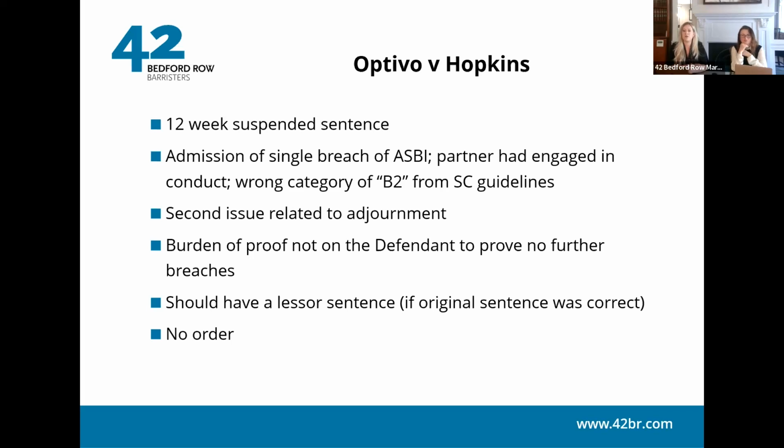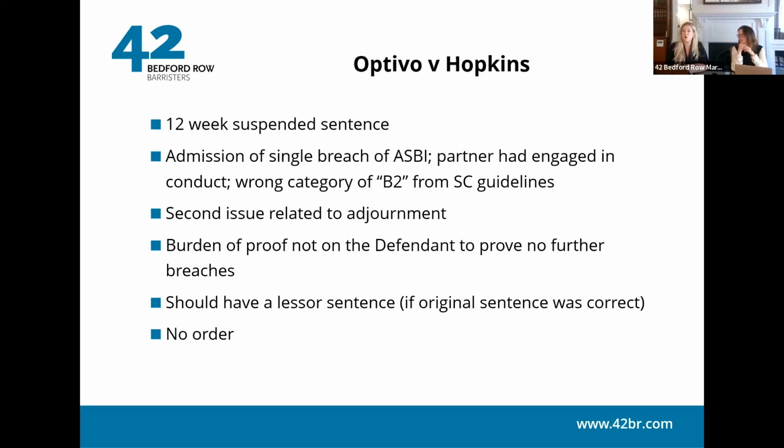And there were 2 parts of the appeal and 2 quite important decisions given by the Court of Appeal in upholding both stages. The first was about the applicability of the 2018 guidelines.